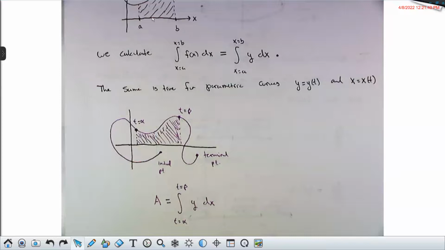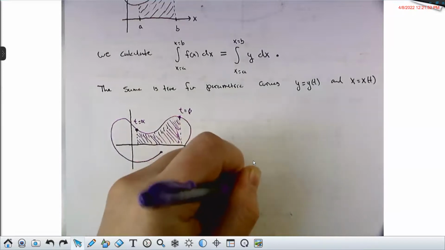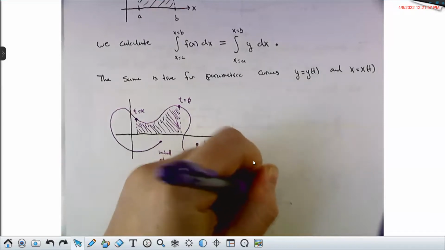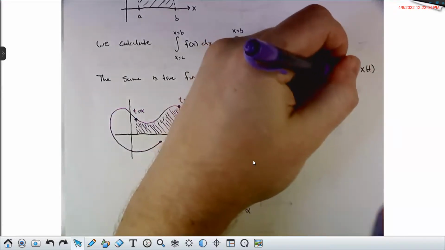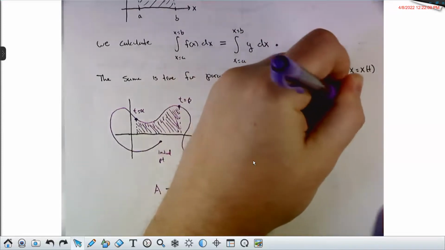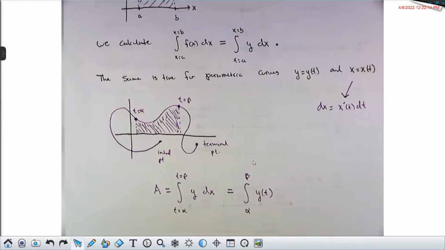And x is no longer my input variable, so I need to write dx in terms of t as well. So this is going to look like the integral from alpha to beta, which are t values. y is not f of x, but it is y of t. And if x is x of t, then dx, calculate your differential, that's x prime of t times dt, very similar to when you do a u sub.